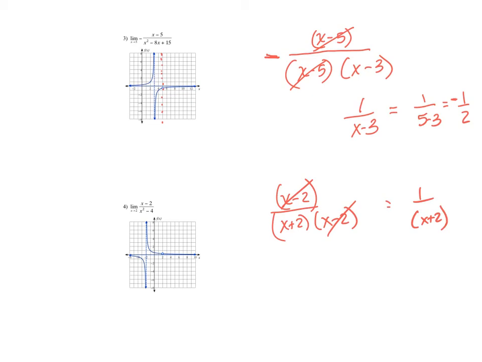We would plug in the 2, and that would be 1 over 4, which is 2 plus 2. So that hits 1/4. You know that the limit is going to be where that donut is. You know it's between 0 and 1, but you've got to figure out what the fraction is. So when you see that they want you to do the limit at the point where the donut is, then you know you're going to get an answer and not does not exist.